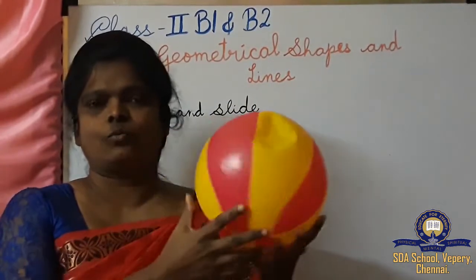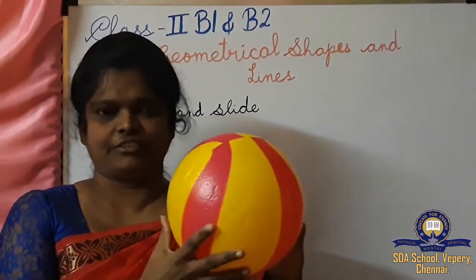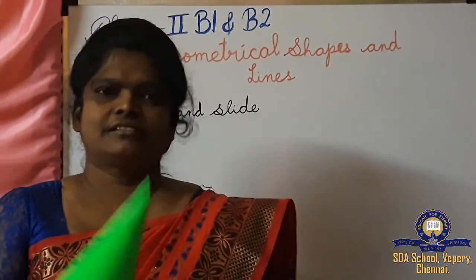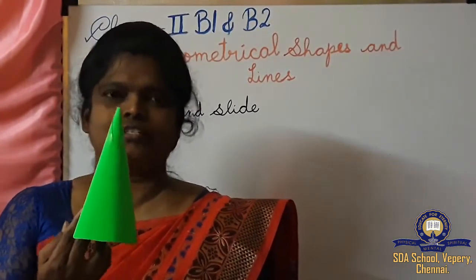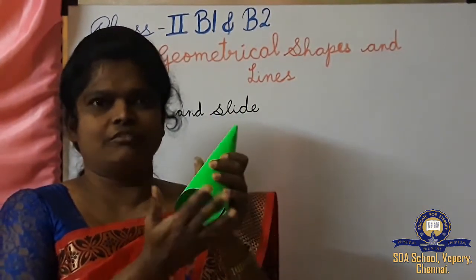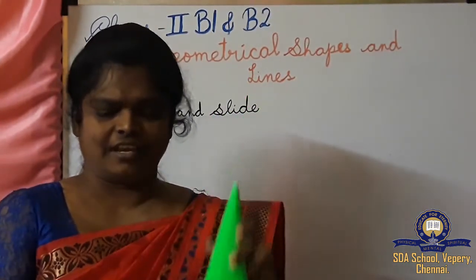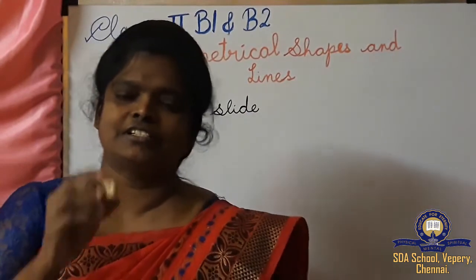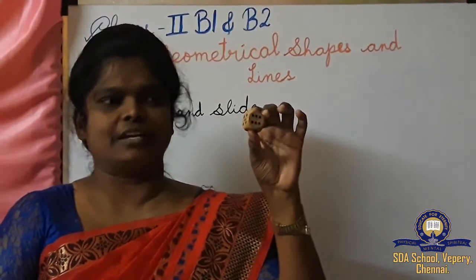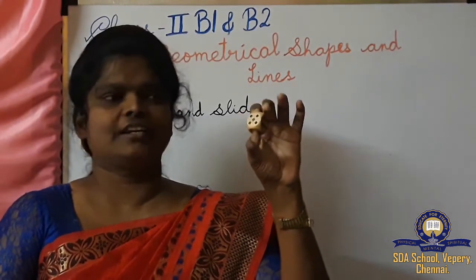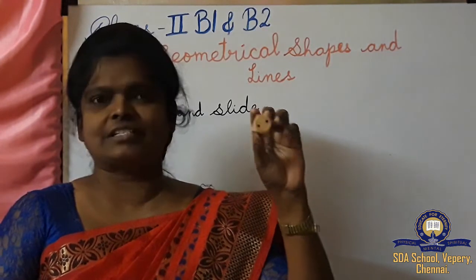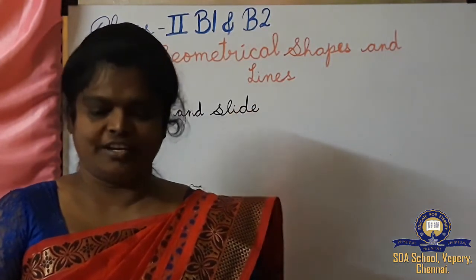Sphere has one curved surface, only one curved face. Then the cone. Cone has one curved face and one flat face. Then what we learned? The cube. Cube also same as a cuboid. It also has 6 faces, 8 corners and 12 edges.